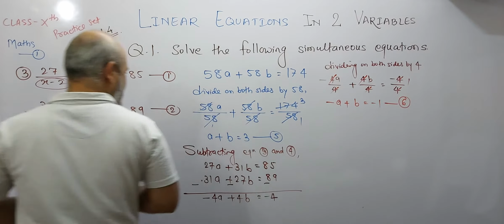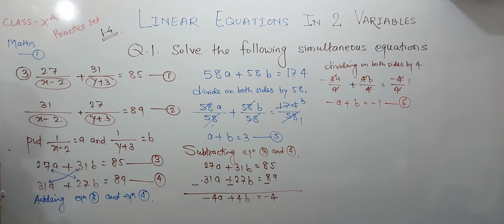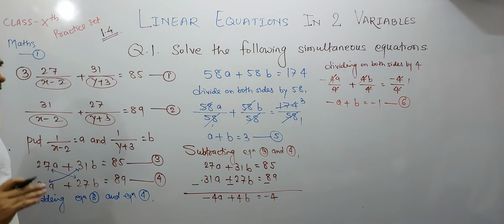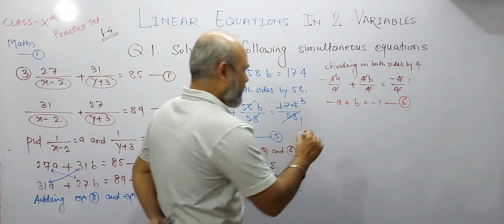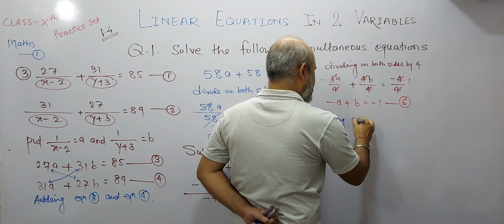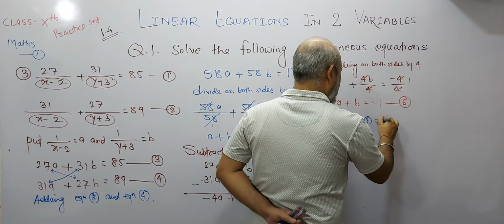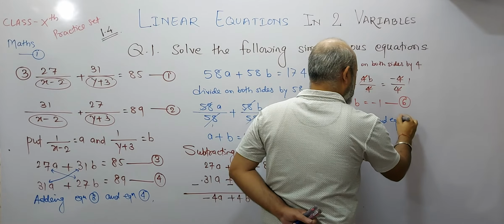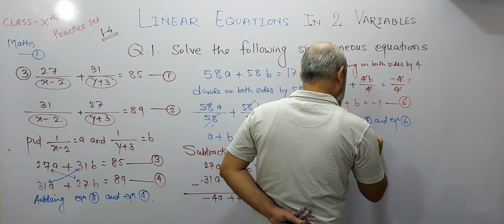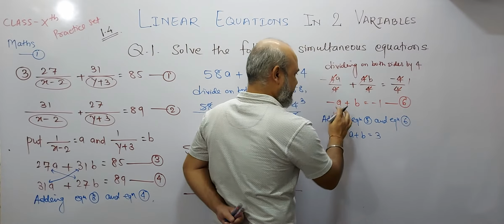Now you will add equation 5 and equation 6 to get the value of a and b. So adding equation 5 and equation 6. What is the fifth equation? a plus b is equal to 3. And what is the sixth equation?